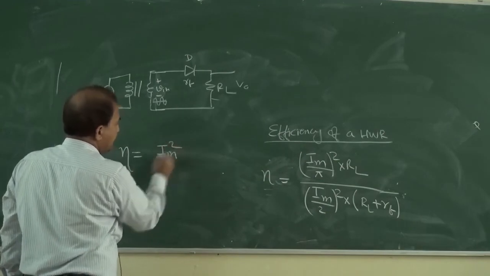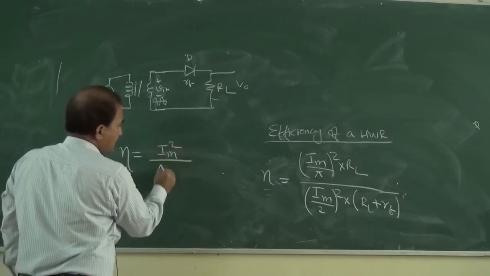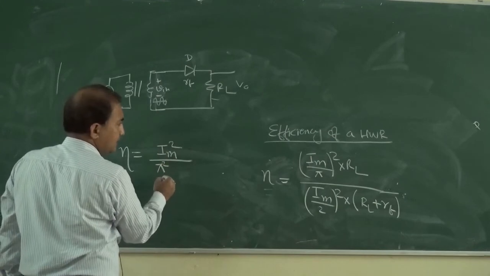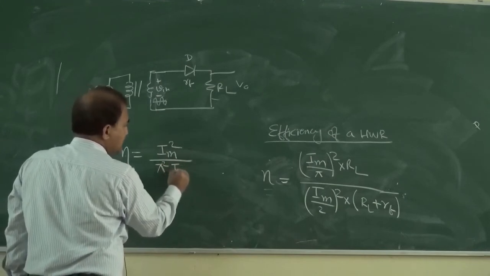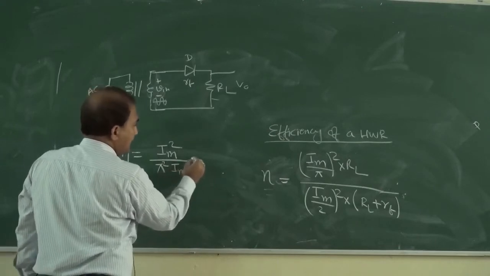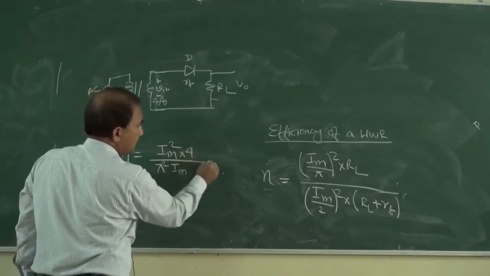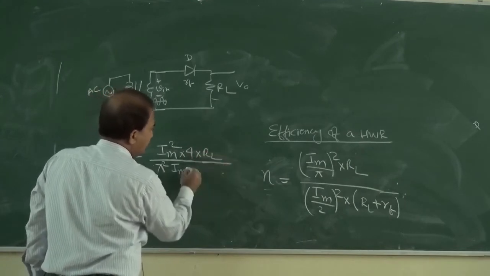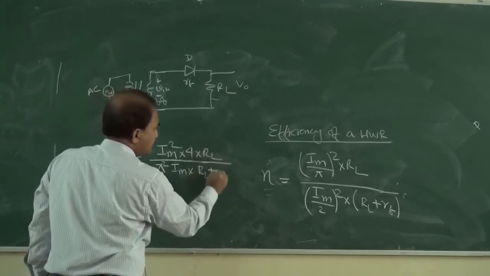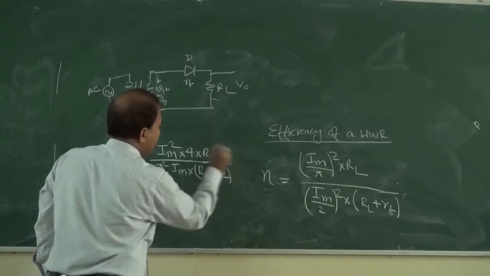So efficiency eta is equal to Im square by pi square, and here it is Im square, and this is 4, into RL, and here it is RL plus RF.